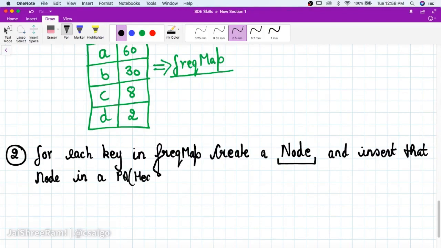So we will be inserting it into a heap, and this heap will be a min heap.